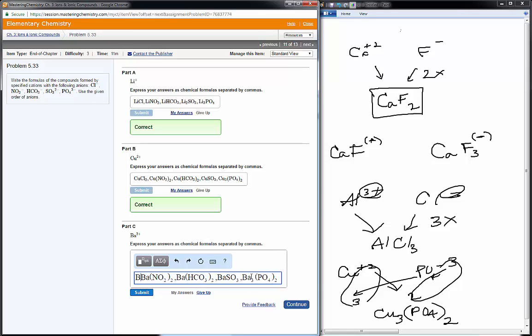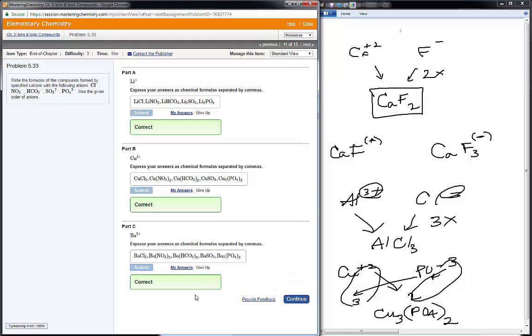Looks like I missed the first part. Your ions might be different than mine, so I would not just automatically assume that that's going to work for you. But I had a 1+, a 2+, and a 2+, so I knew that the ratios that I formed with these ions would be the same. I would just be using a different cation.